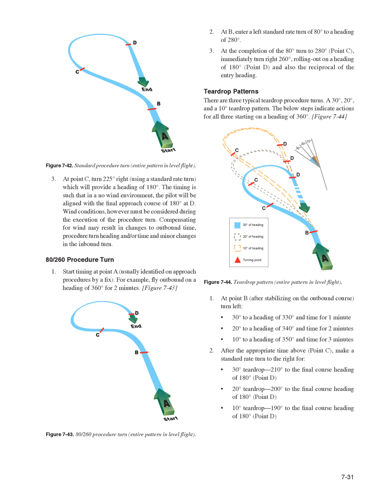After the appropriate time above, point C, make a standard rate turn to the right: for the 30 degrees teardrop, 210 degrees to the final course heading of 180 degrees, point D; 20 degrees teardrop, 200 degrees to the final course heading of 180 degrees, point D; 10 degrees teardrop, 190 degrees to the final course heading of 180 degrees, point D.